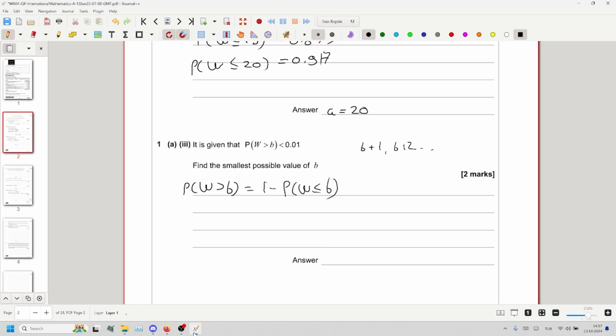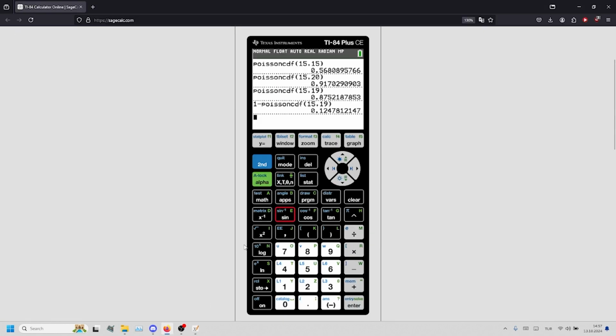So we're going to have to check a bigger value, pardon. 1 minus the Poisson distribution, let's say 25 maybe.